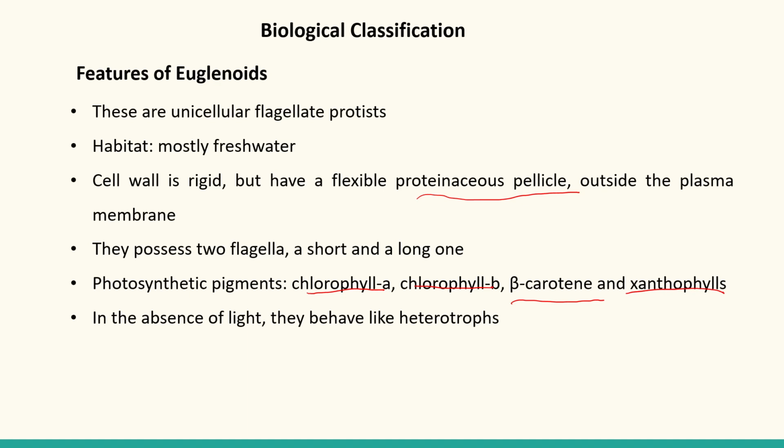In the absence of light, they behave like heterotrophs. When light is present, they bear chlorophyll a and chlorophyll b, so they can perform photosynthesis. But when light is not available to them, they survive by behaving as heterotrophs.